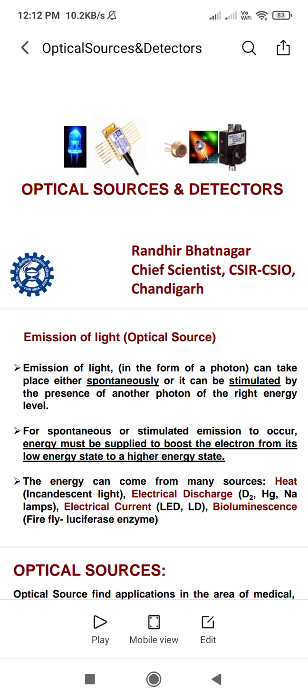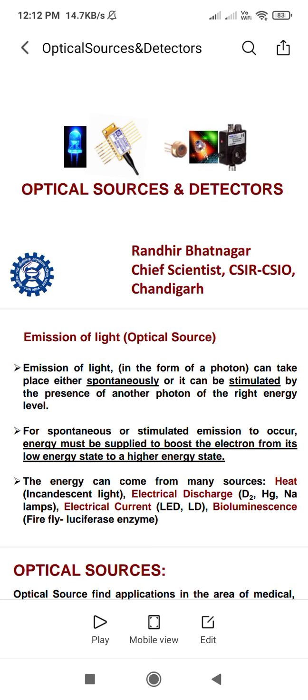Then, what are optical fibers in sources and detectors? With optical fibers, light can be detected by using LEDs, and photons come from energy, which can come from many sources, such as heat and electrical discharge, that can be produced in the lights.